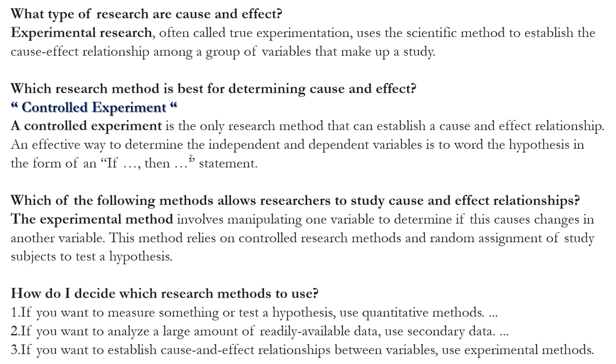Then what type of research is cause and effect? That is experimental research, at many levels, like the extreme level. It is used in true experimentation, and it uses the scientific method to establish the cause and effect relationship among a group of variables that make up a study.